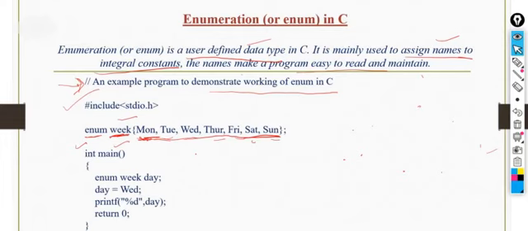This is actually the global declaration, so the variable is globally declared. What do we mean by global declaration? We will study it later with functions also.